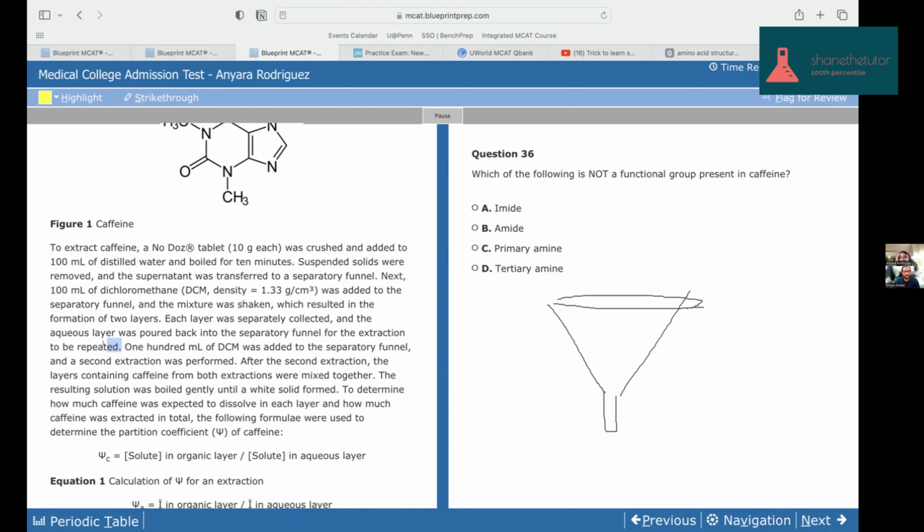Because this is a regular funnel, right? Is that what it would look like? You have a stopcock on the side that allows you to control the flow. Or would it look something like this?